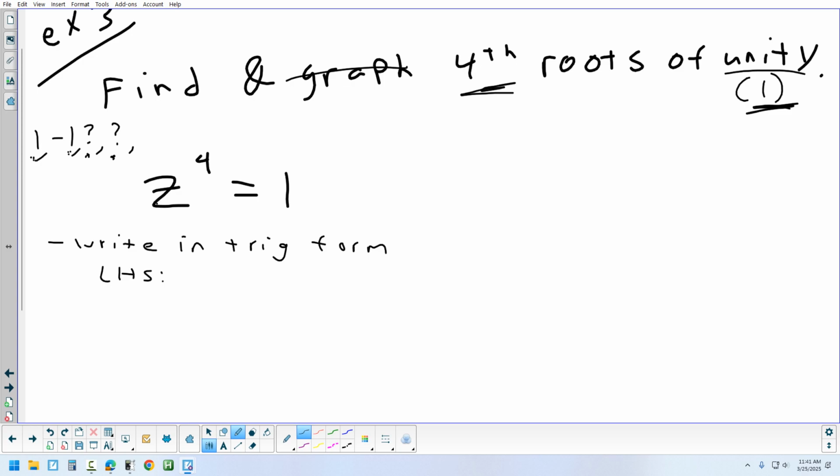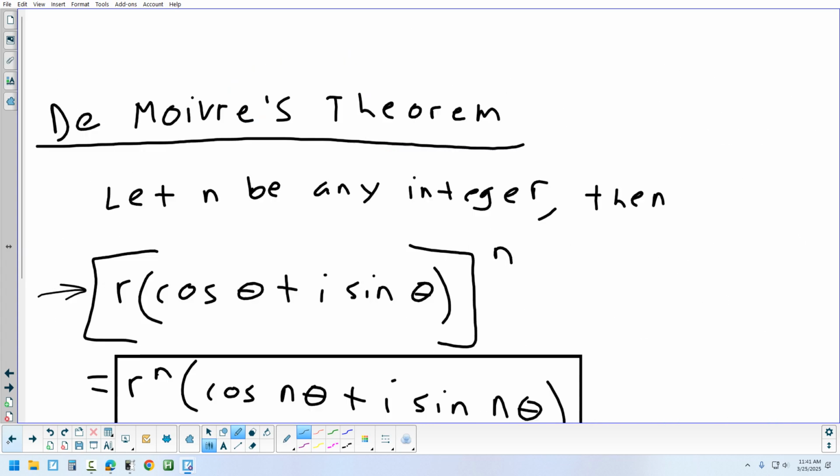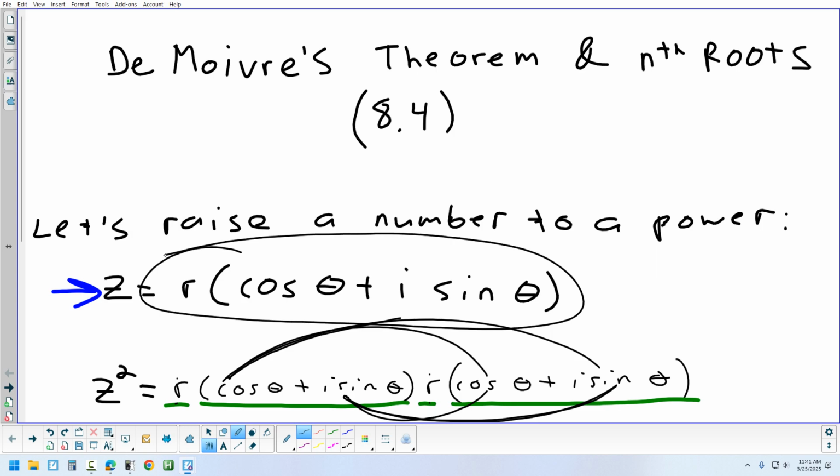So all we're going to do is, instead of representing it as a letter like that, we're going to represent z in trig form. We're literally just going to change the letter z to r(cosine theta plus i sine theta). That's the same step in every problem. So change z to that.